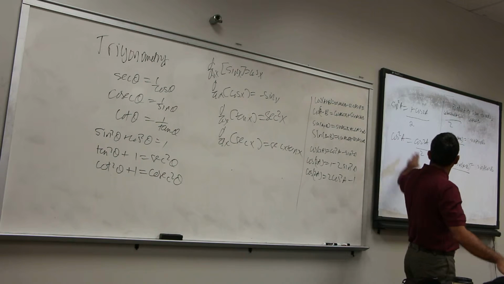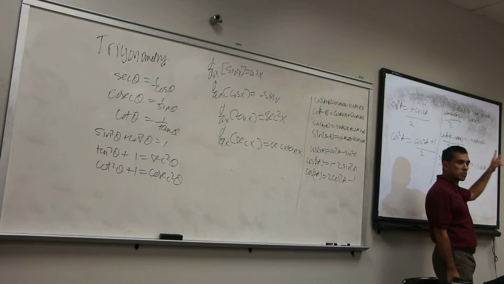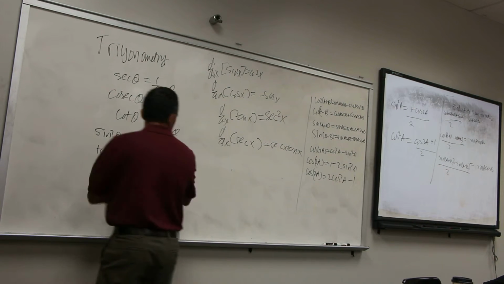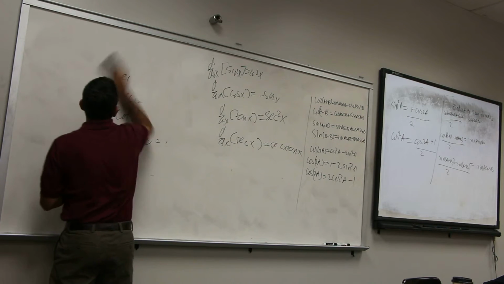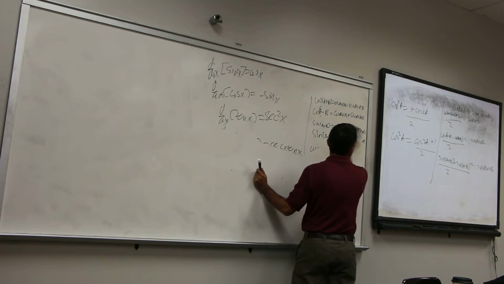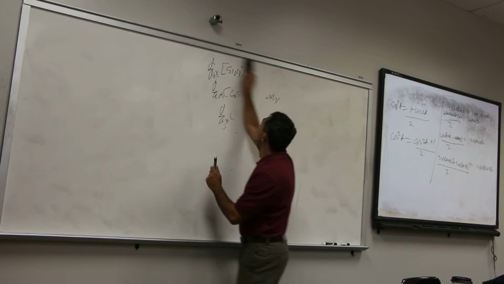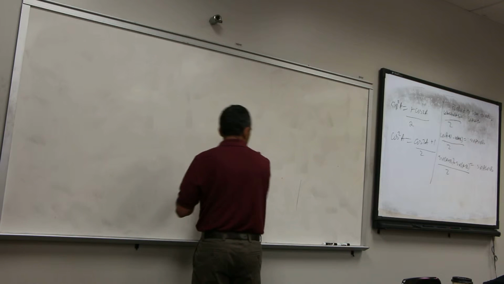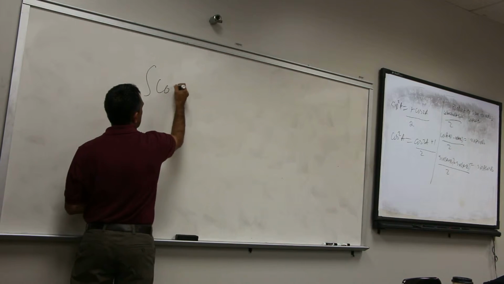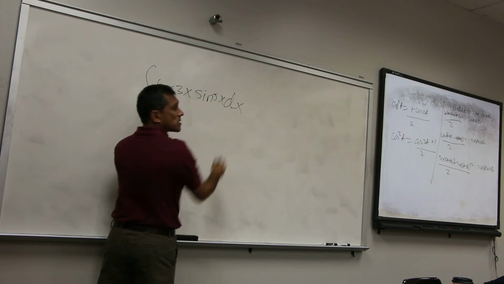Now, these formulas here are very, very important. And these formulas here are quite important. That is to say, if you want to integrate something like this, I'll talk about this later on. If you want to integrate something like this, cosine 3x times the sine of 5x, anybody know how to integrate this?